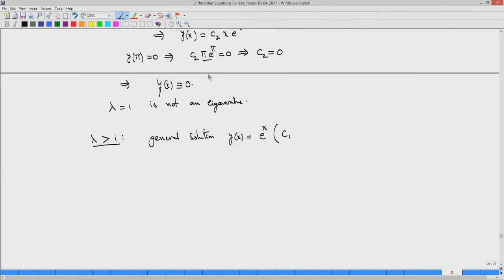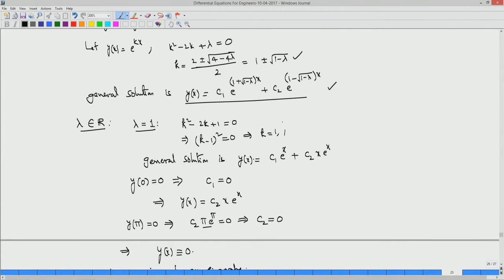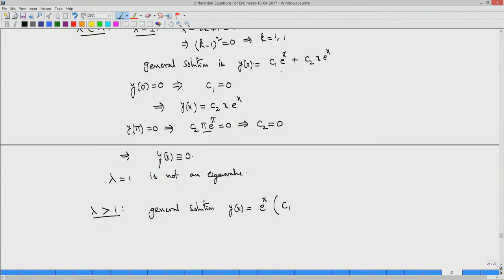So you have c1 e^(i√(λ−1) x) plus c2 e^(−i√(λ−1) x). You can write that as a linear combination of cosines and sines.